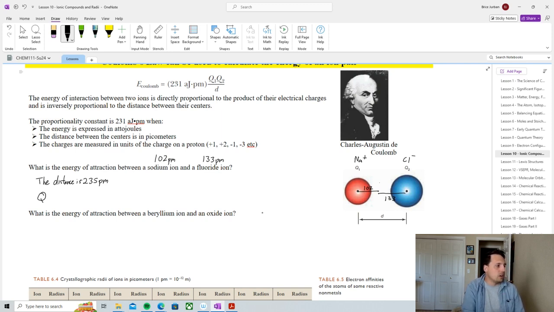And the charge is going to be a positive 1 and a negative 1.